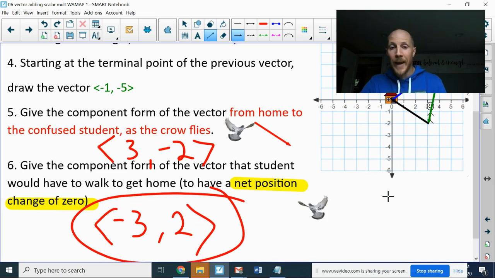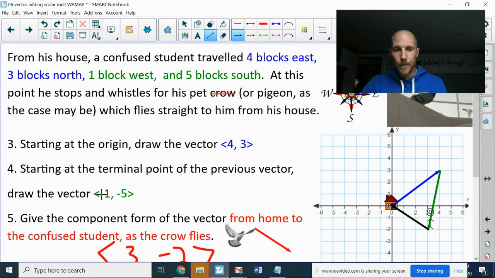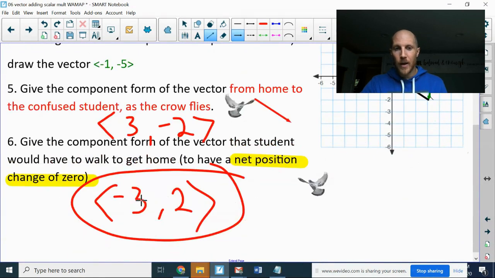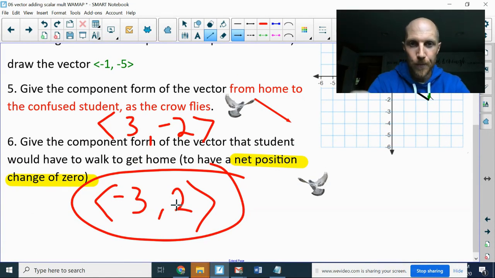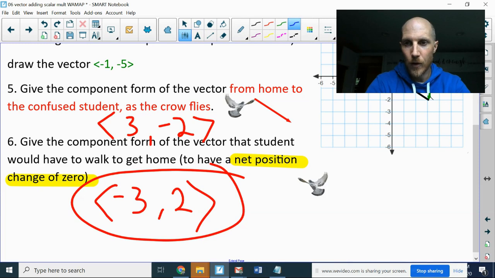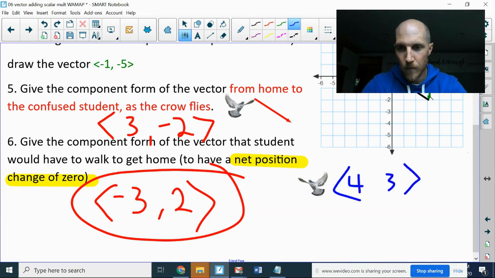And then if we were to add together 4, 3, -1, -5, and -3, +2, all of those are going to add up to make 0. See if I can remember those. So we had 4, 3, -1, -5.